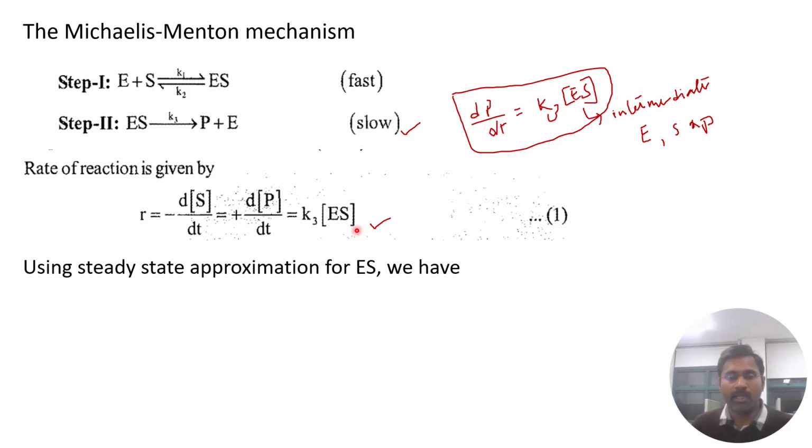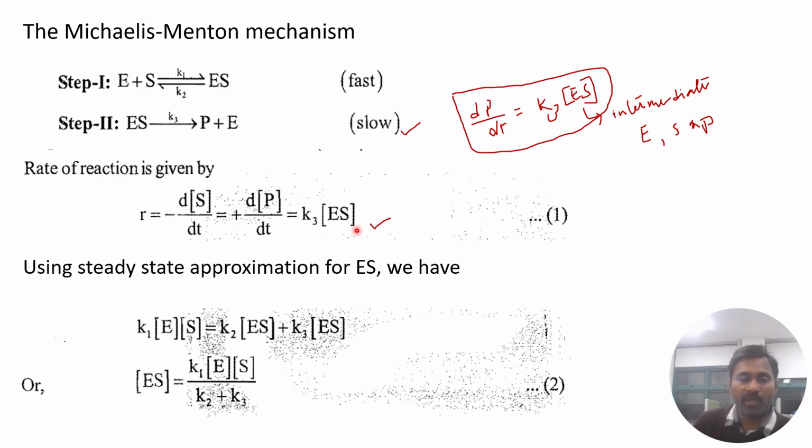Usually, enzymes are taken at a much lower concentration than the substrate. Even then, these enzymes are very much active as a catalyst. So when you are using it at low concentration, you can apply the steady state approximation to the intermediate formed.